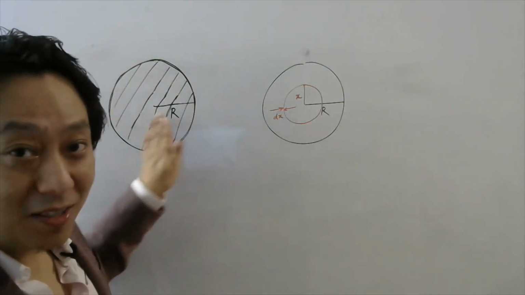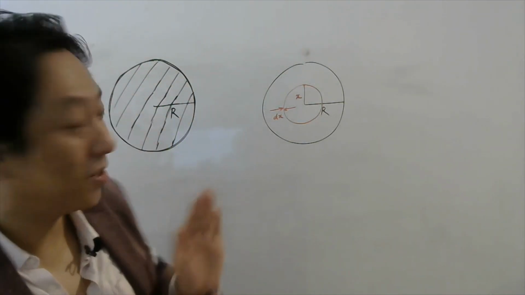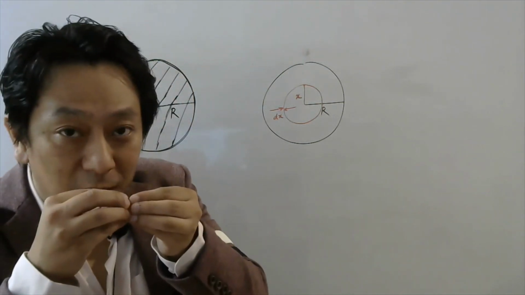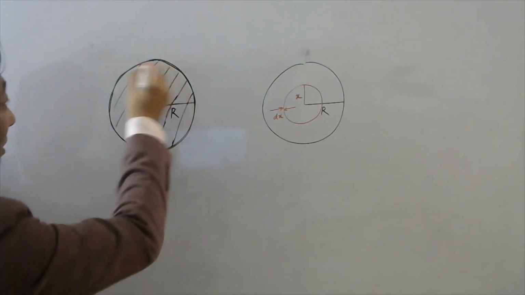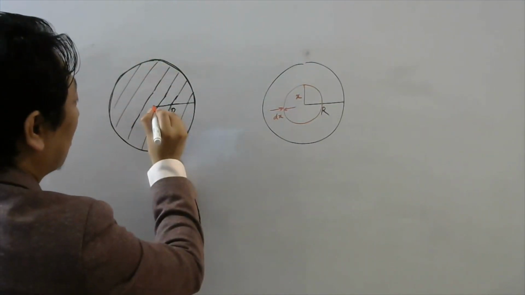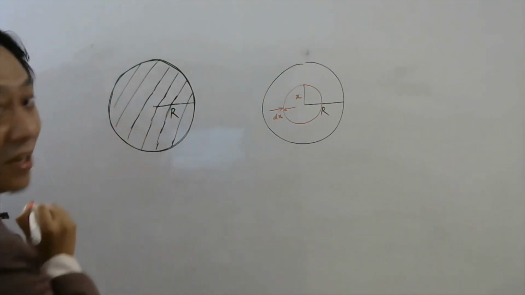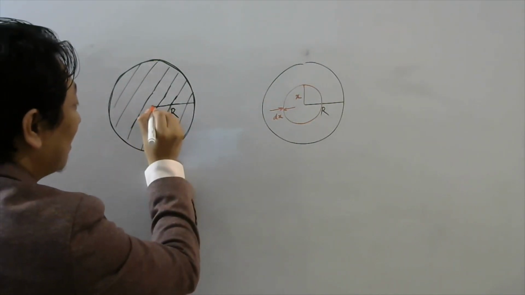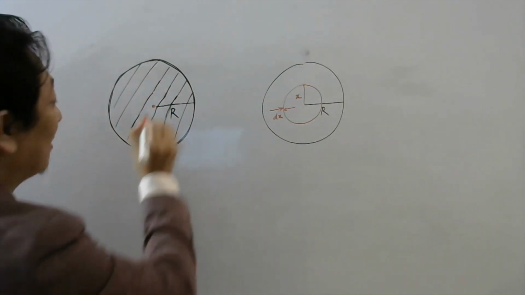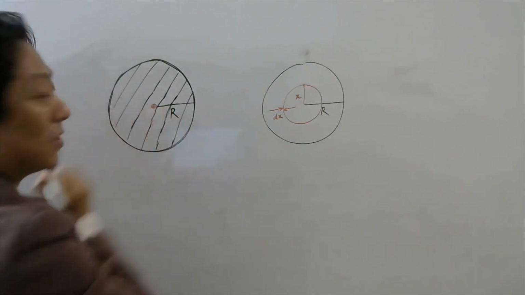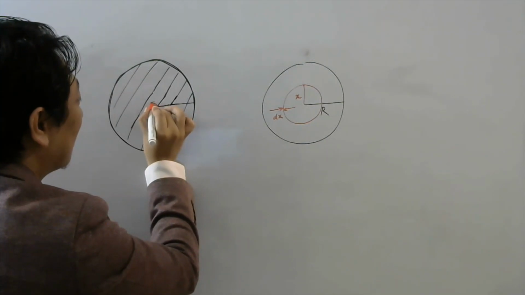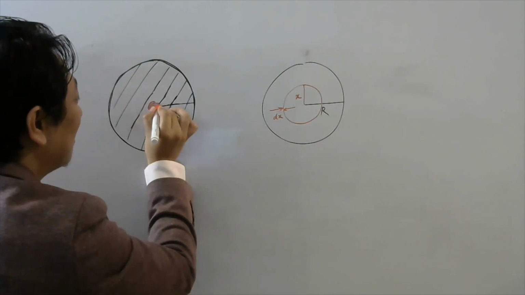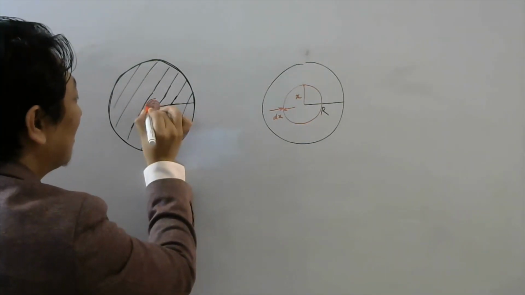We can imagine this disc or this circle is made up of rings. So we can imagine this whole circle is made up of this ring with 0 radius, then this ring with some small radius, then this ring with another increasing radius, then again this ring, and again this ring.